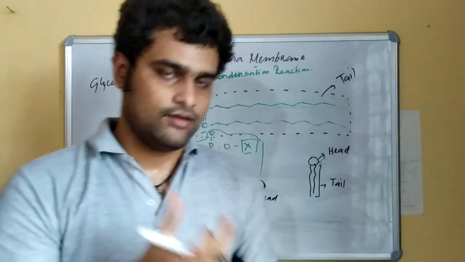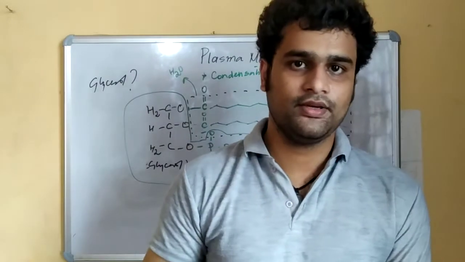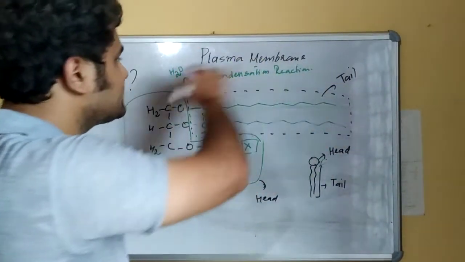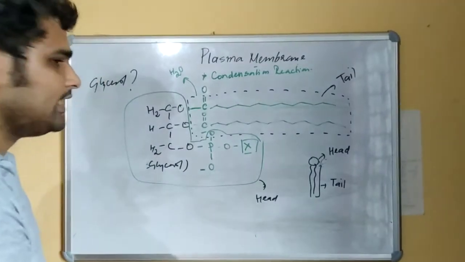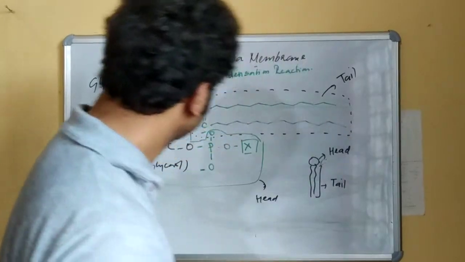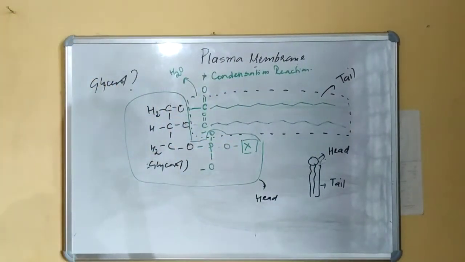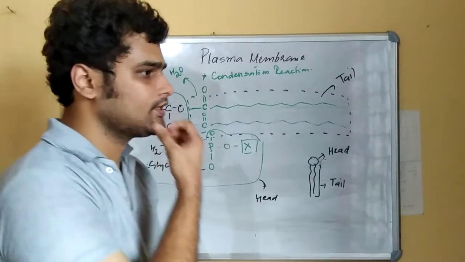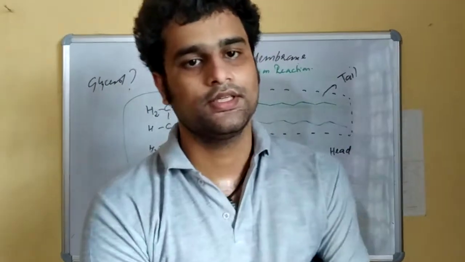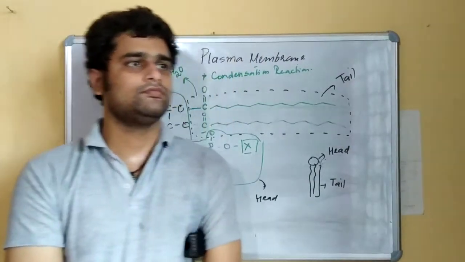I'm just giving you the example of the glycerophospholipid here. So this is basically the basic diagram. At your level, you do not need anything more than this. So kindly just go through this once: what exactly is a glycerophospholipid.